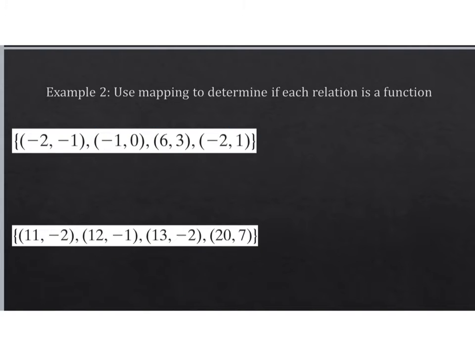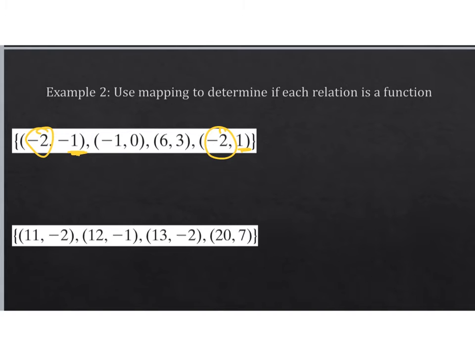So, for example 2, if you want to, again, go ahead and try using the mapping, I would suggest that you do that. Otherwise, I can tell right away I have a -2 for an x here and a -2 there. So then when I look at my y values, I have a -1 for a y and a 1 for y.